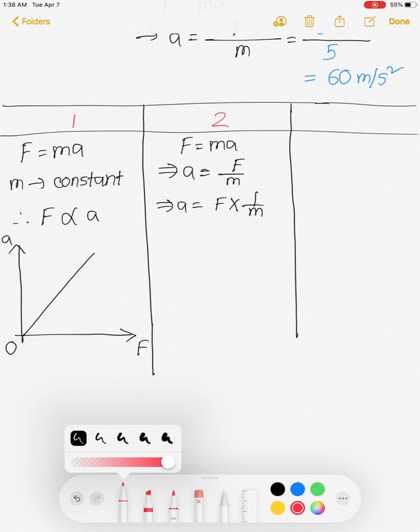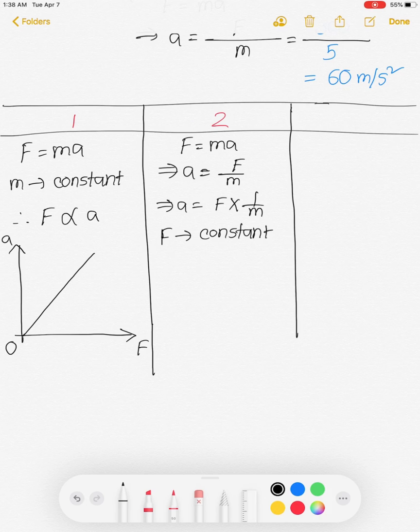If F remains constant, we can clearly see that the mass is in the denominator, so as the mass increases, the value of acceleration must decrease. So they are inversely proportional to one another.